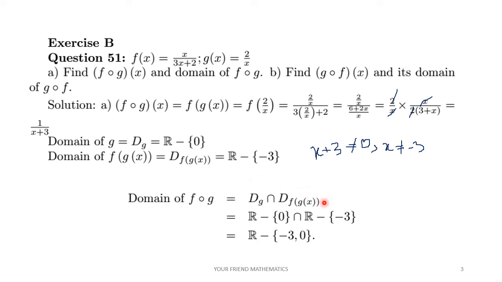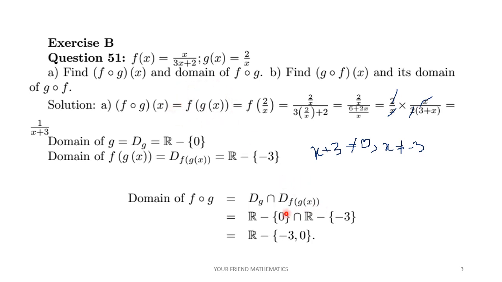So how do we get this from the definition? It says x belongs to the domain of g, the first function on which x is applied, and then g of x belongs to the domain of f. When g of x belongs to the domain of f, then we apply f on g of x and we get f of g of x.